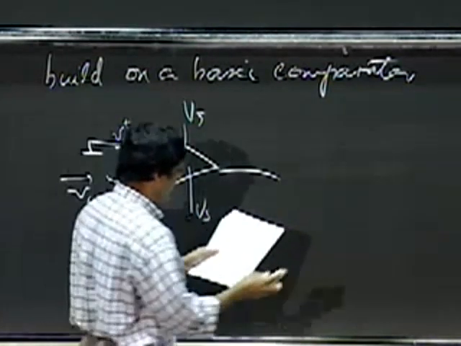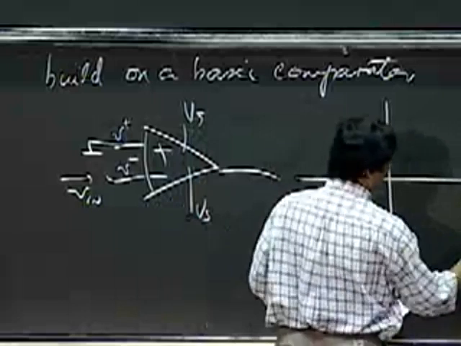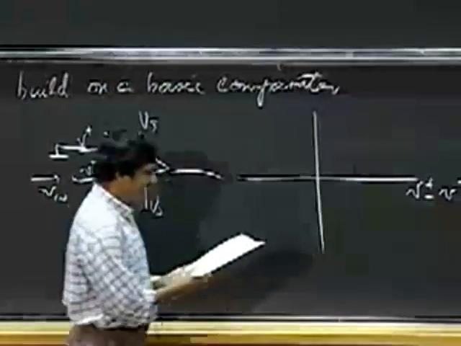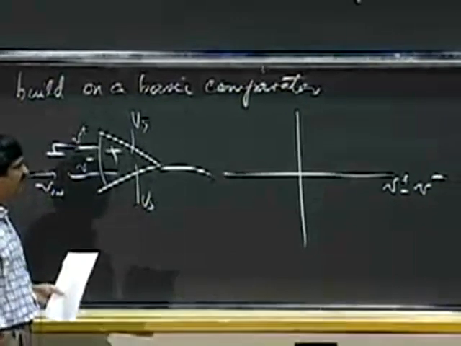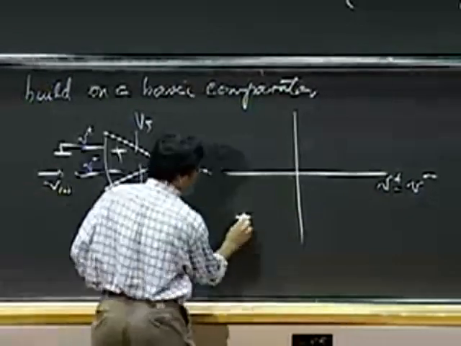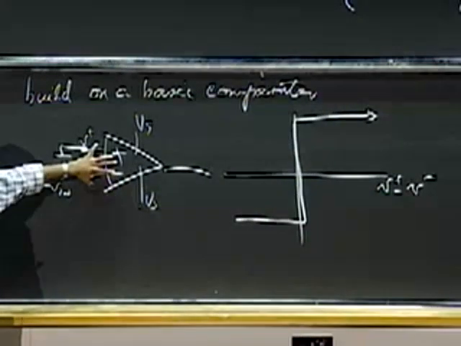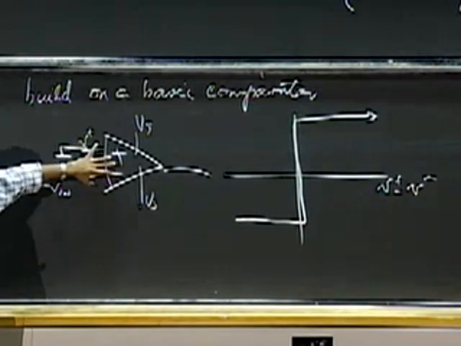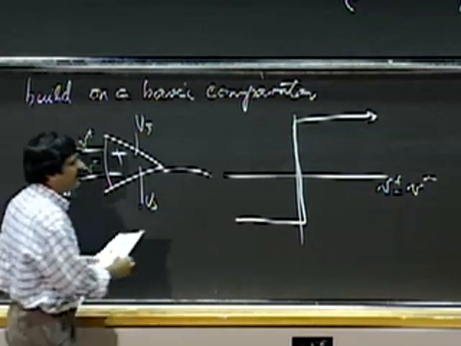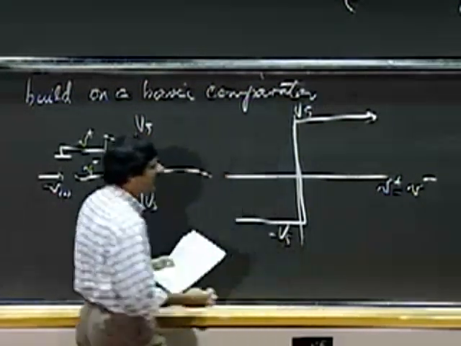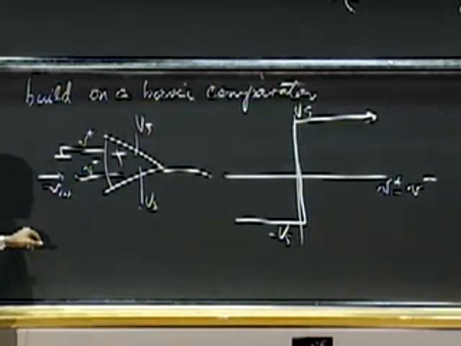I apply some input V in, and if I just do that, then if this is V plus minus V minus here, I'm going to get something that goes like this. That is, when this is positive here, then this guy is going to go to the VS rail, and this guy is going to go to the minus VS rail.